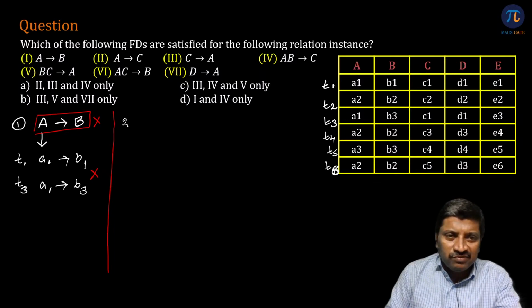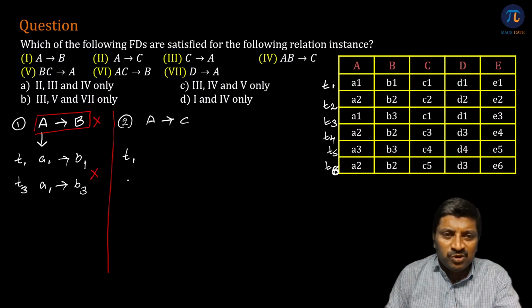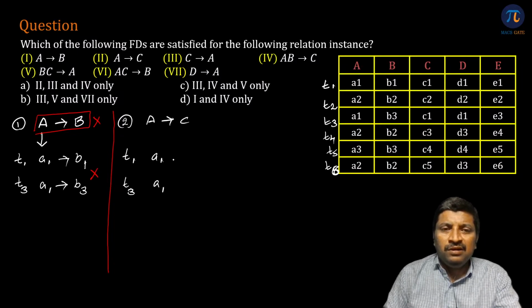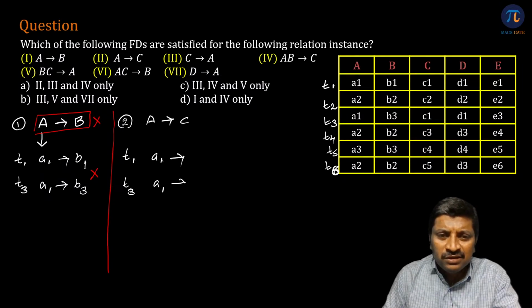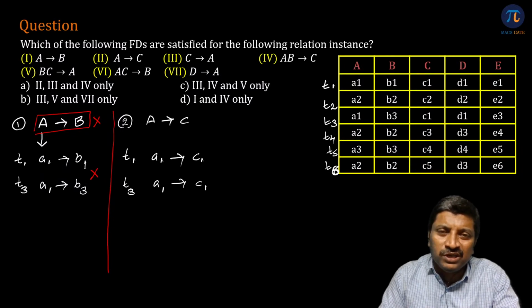So let's go to the second one, A goes to C. Let's consider the same tuples because the left side is the same. A1, A1. What are the values of C, sir? We have C1, C1. When they have the same values, we should not yet say it is holding.